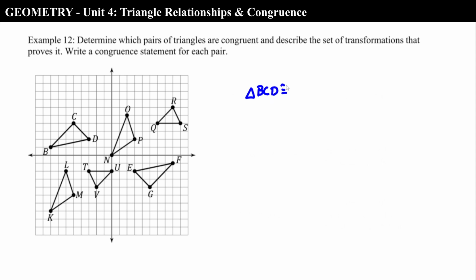BCD is congruent to FGE. In fact, it's triangle FGE. And this is because it's rotated 180 degrees about the origin here.